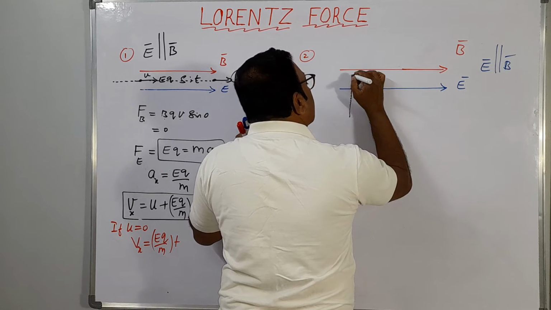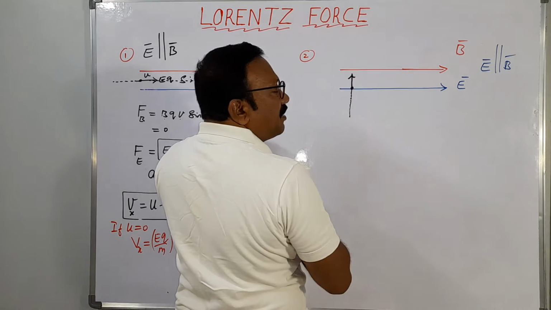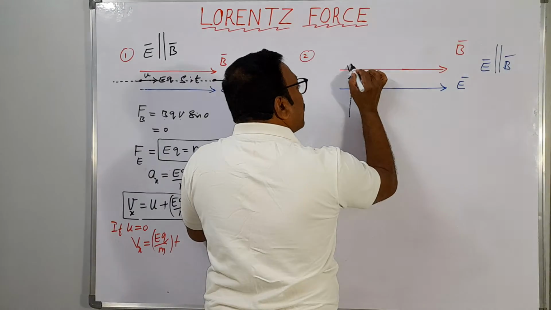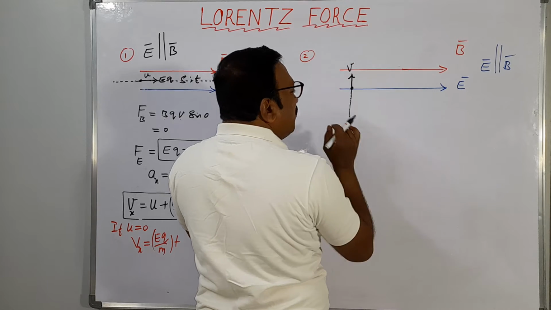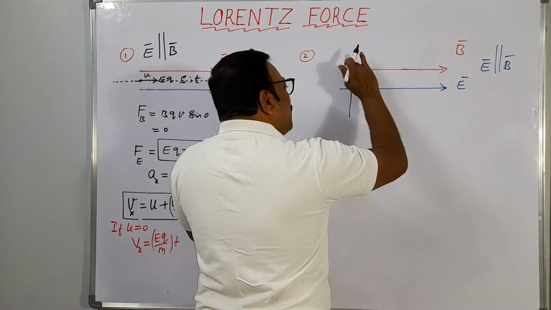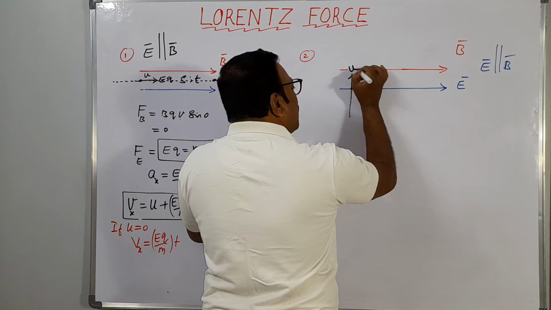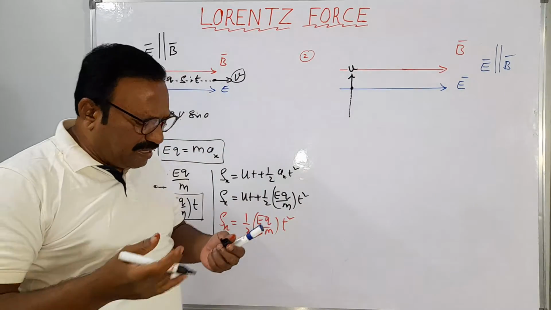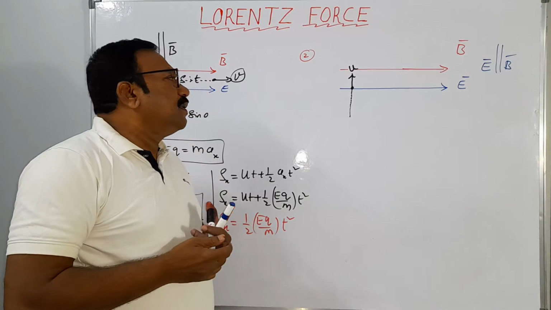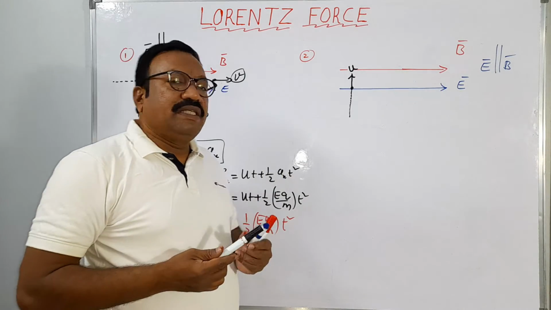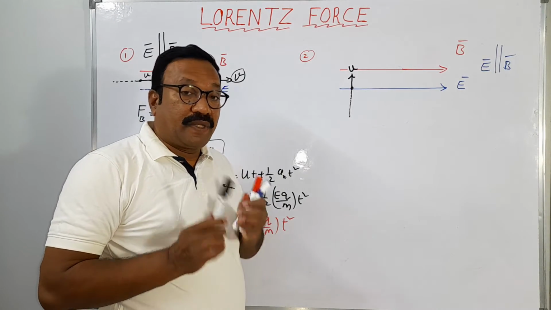It enters perpendicular to the field, say with velocity u I'll take. V or u, anything, this is the velocity with which it is entering. Now what happens, you think?